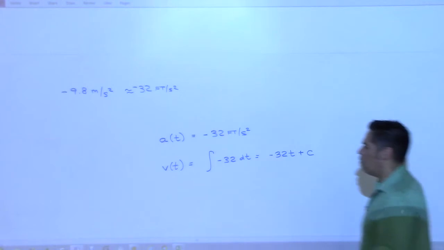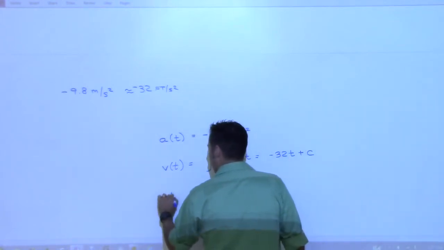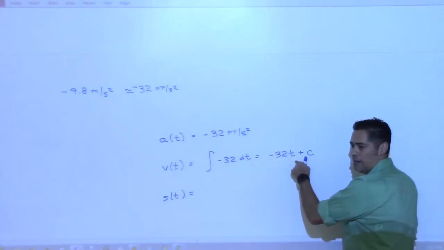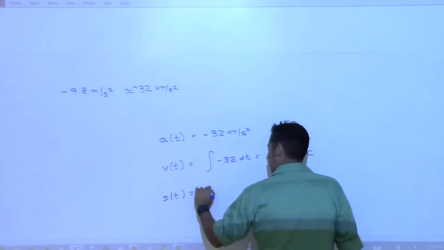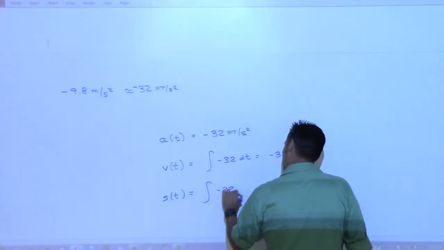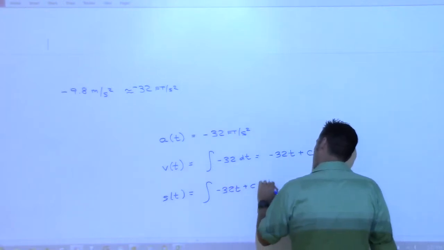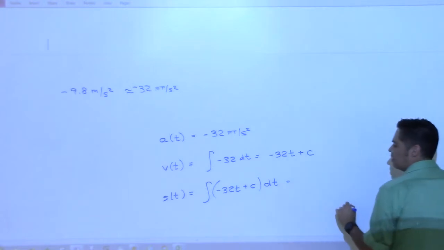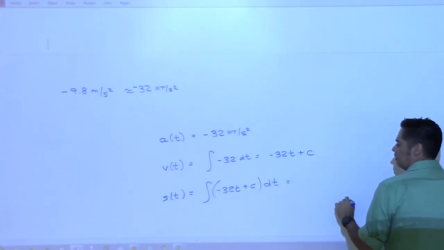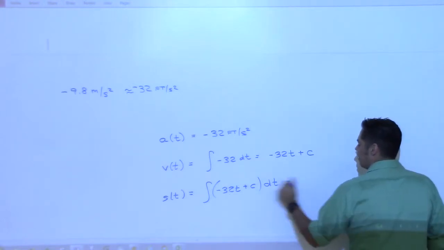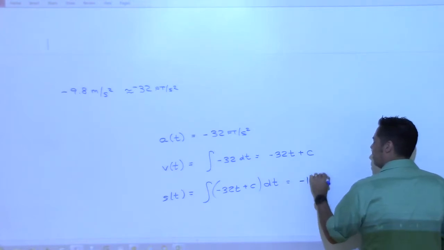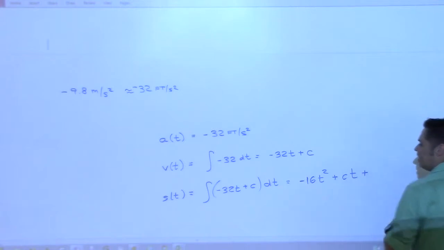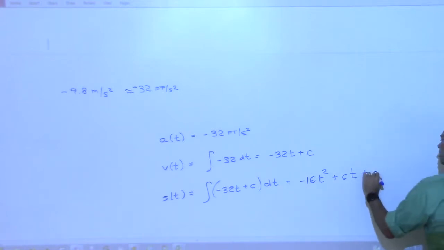And then if I want to know the position function, which I'll just call s of t, I have to do the antiderivative of that again, right? So that's going to be negative 16t squared plus c times t plus some new constant, which I'll call d, right?